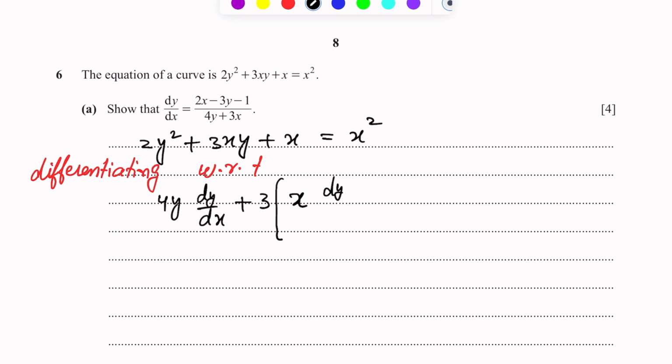x dy over dx plus y into 1, product rule used on xy, we get this, plus differentiation of x with respect to x is 1.